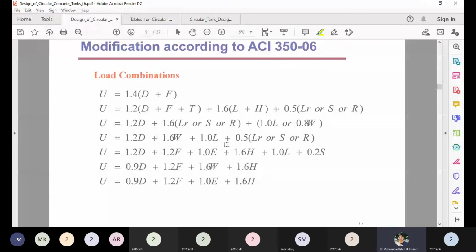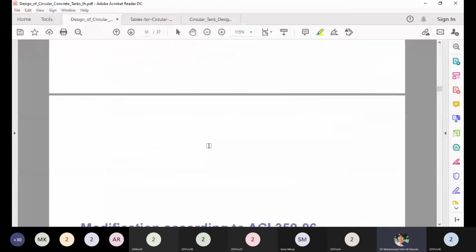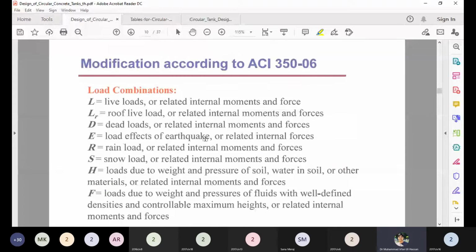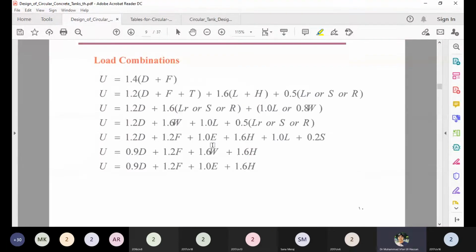When you are designing for the multiple combinations, then you can see the different combinations which are involved, where D is the dead load, F is the fluid load or any other liquid load, LR is the roof live load, E is the earthquake load, and R is the rain load. So all the loads which may be present, and these loads are also explained, and accordingly the factors, you can see the first factor is 1.4 times the dead plus the liquid load.